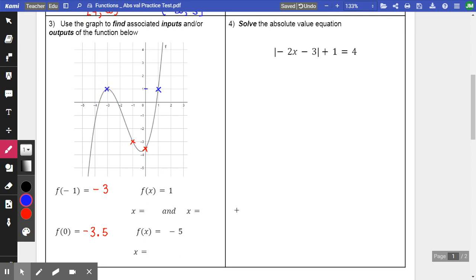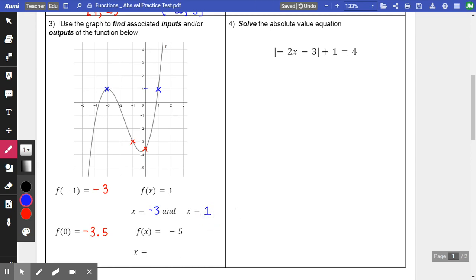So anywhere along this horizontal line where the output is equal to 1, we're looking for the matching x values. So here the matching x value is negative 3, so that's one solution. And the matching x value here is positive 1.